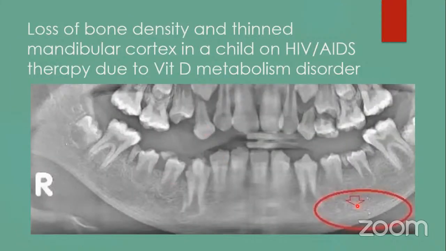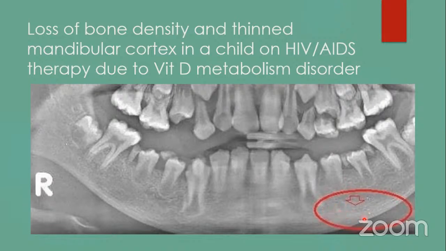Look at this again. This is a patient who had loss of bone density, and they also had thin mandibular cortex. This is a child on HIV/AIDS therapy. This is due to the resulting effect on vitamin D metabolism, so they end up with a vitamin D metabolism disorder because of the AIDS therapy.